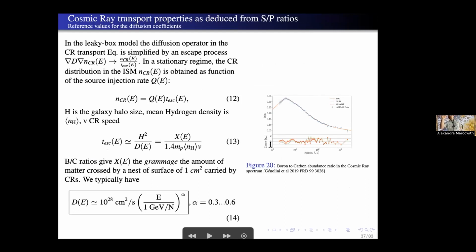From B over C, you can deduce, using a simplified diffusion model, a typical diffusion coefficient for cosmic rays at GeV in our galaxy. At 1 GeV, it's about 10 to the 28 centimeters squared per second. Keep this number in mind. This is a reference value for the cosmic ray diffusion coefficient in our galaxy.